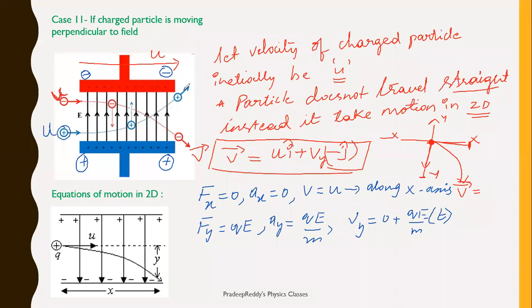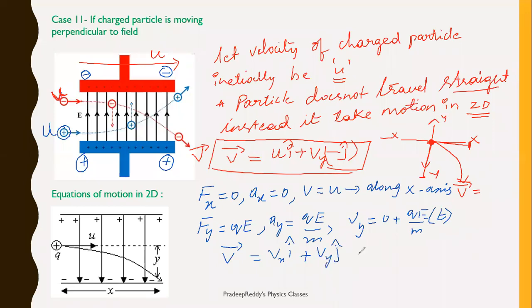Now finally, after some instant of time, the final velocity can be written as the velocity along the x-axis in the i direction plus the velocity along the y direction in j cap.